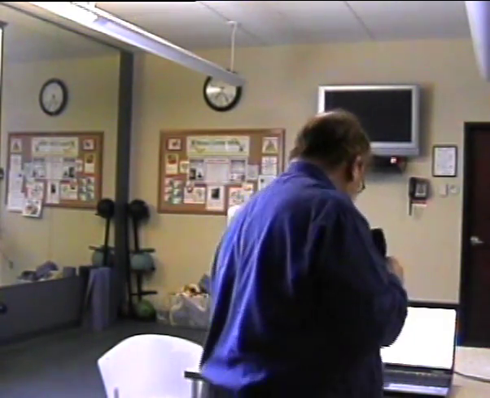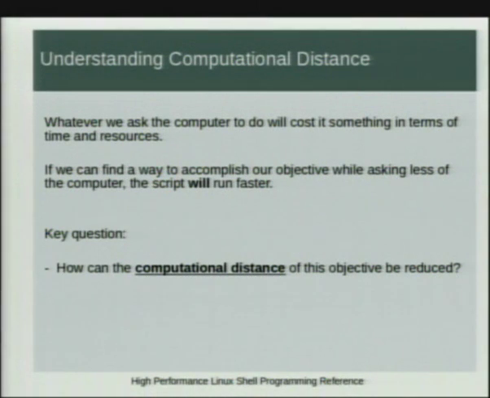So if we can find a way to ask the computer to do the same thing while asking less of it in terms of resource use, the script will go faster. The big question: how can the computational distance of this task we're asking it to do be reduced?